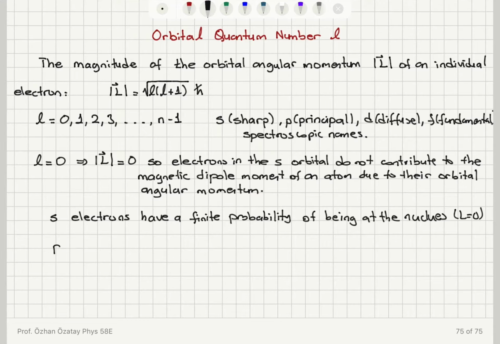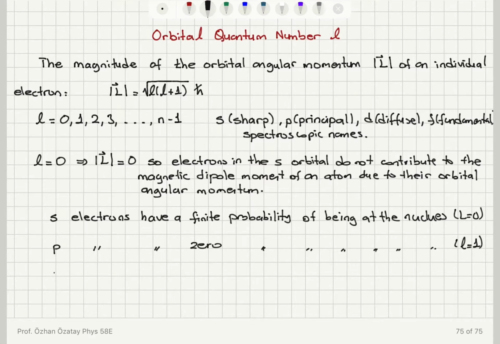P electrons, on the other hand, have a 0 probability of being at the nucleus. For L equals 1, they must have an angular momentum, so they cannot be at the nucleus.